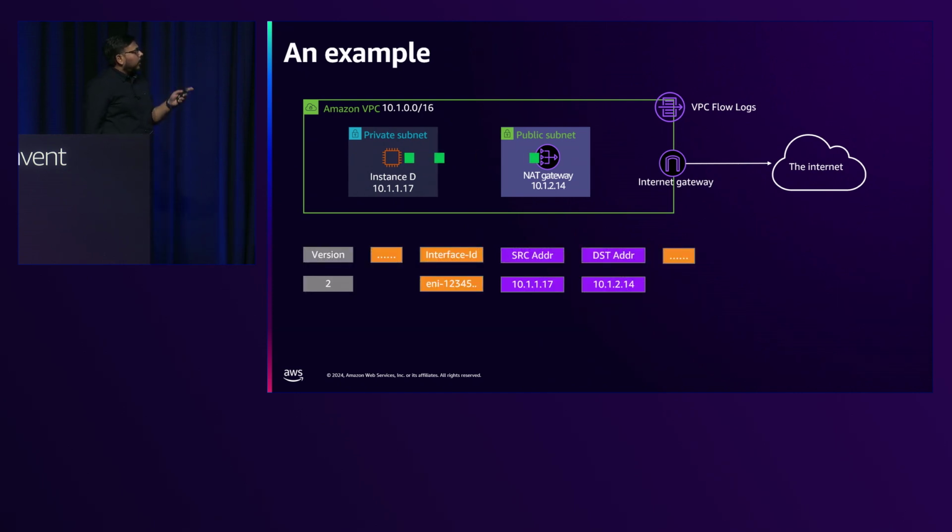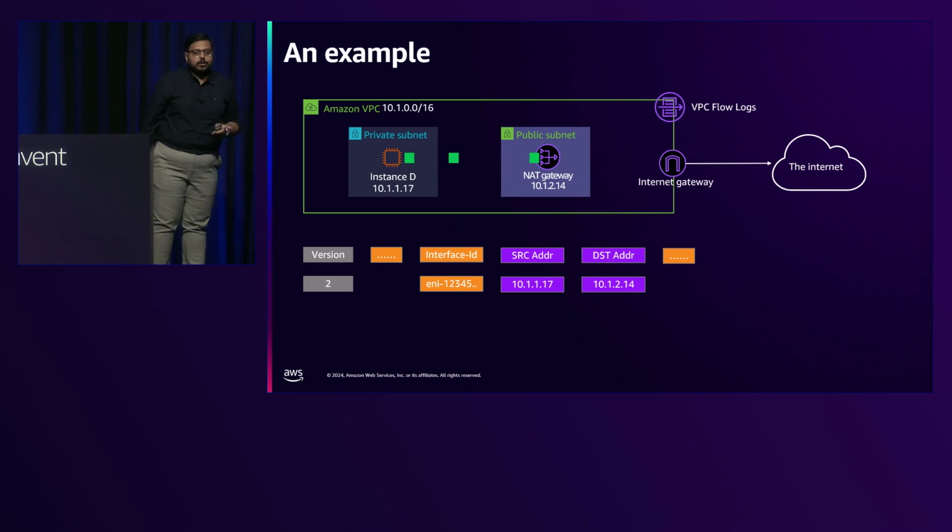So I'll enable version 2 of the flow logs first on the instance D that is in my private subnet. Among other fields in version 2, you will see a source address and a destination address field. But if you notice, the destination address field is 10.1.2.14, which is pointing to your NAT gateway.